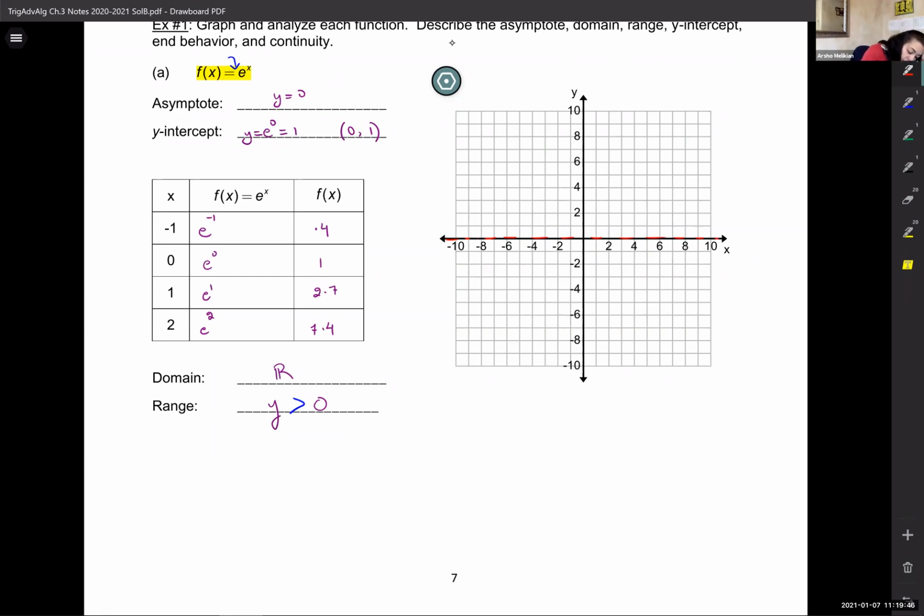At -1, y is 0.4. At 0, y is 1. At 1, y is 2.7. And then at 2, it's 7.4. We graph, and look, it's almost indistinguishable from some of the other ones we were graphing because it's exactly similar.